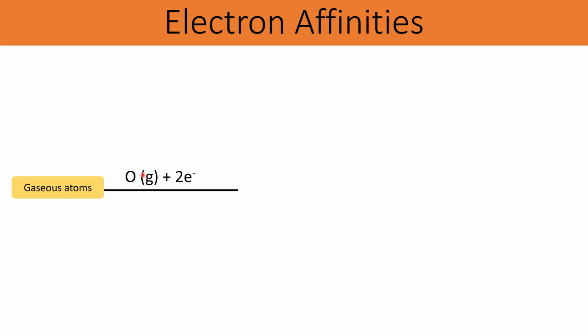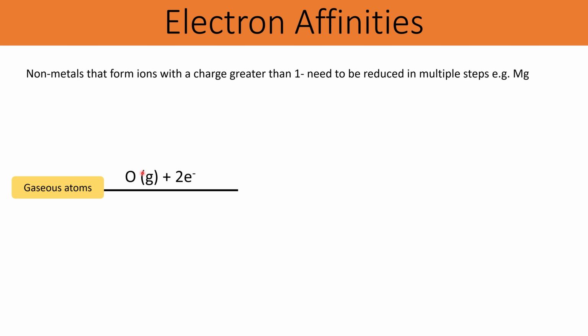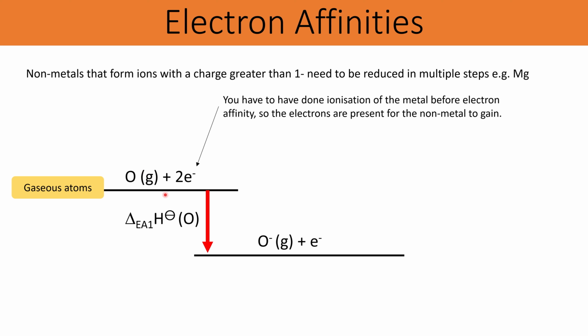So I need to undergo a first electron affinity and a second electron affinity. Well, the first electron affinity is like this. Now, this time, you can see that we're going from gaseous oxygen atoms to gaseous oxide 1 minus ions, which isn't the full oxide 2 minus ions. And you'll notice this time, it's exothermic.